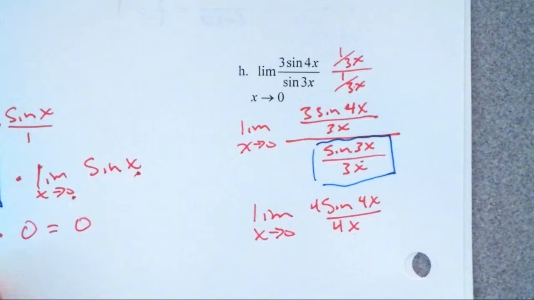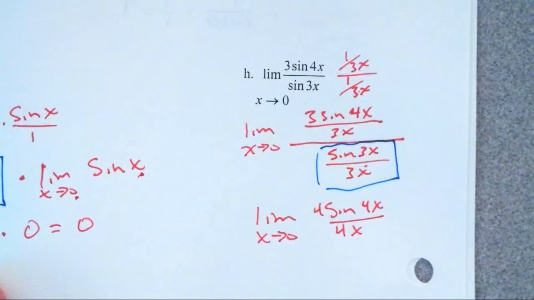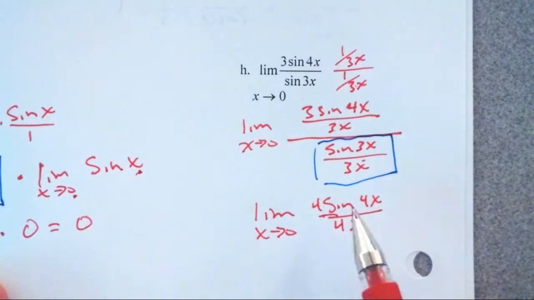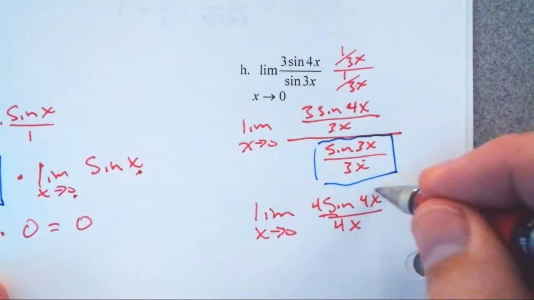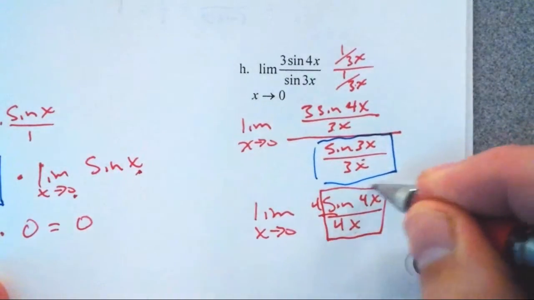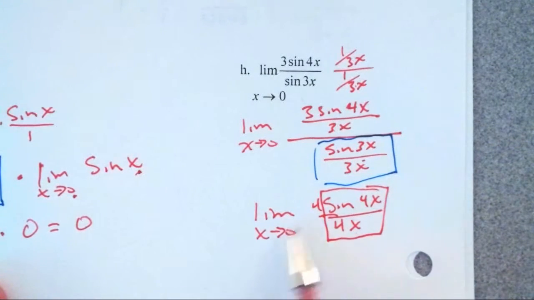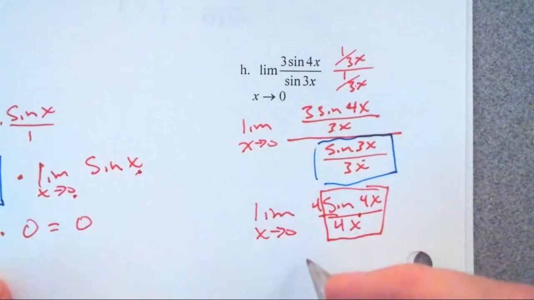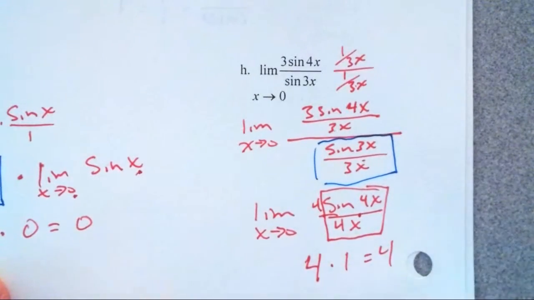Just make it what I want. There's really no thinking. It's just what I had to have. So, am I going to cancel the 4's? Of course not. I'm going to look at this and say that's 1. So the limit of 4 times the limit of 1, right? Or times 1 is just 4. 4 times 1 or 4.